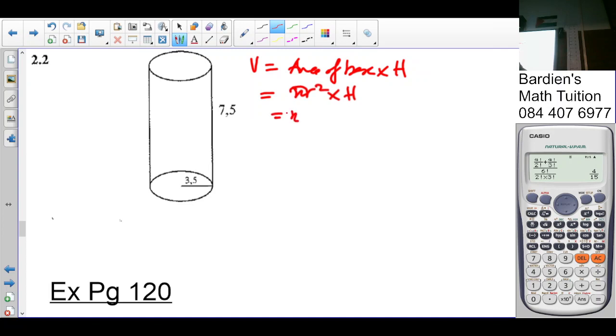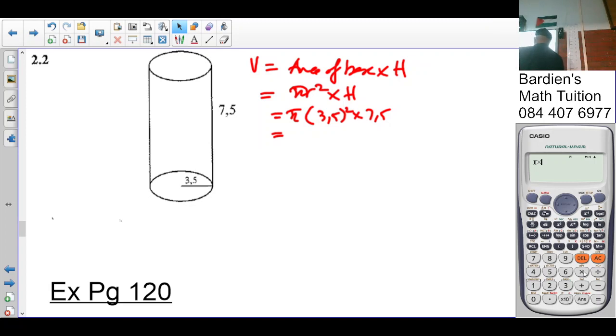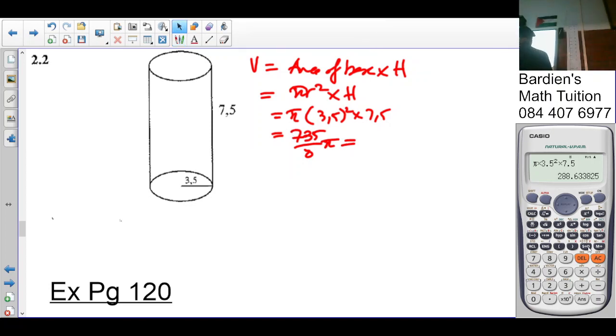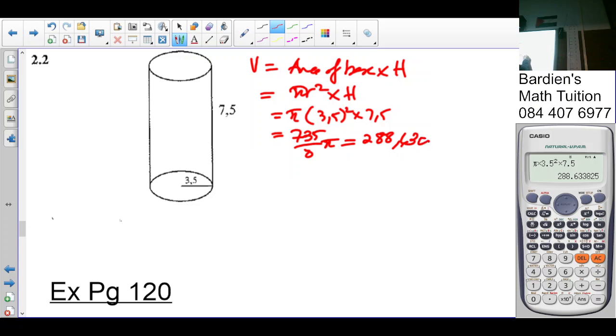What's the radius? 3,5 squared times height, which is 735 over 8 pi. Or to 2 decimal places, 288,16 units cubed.